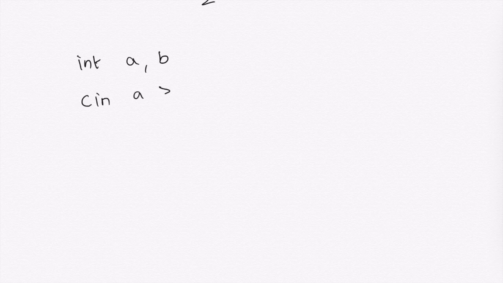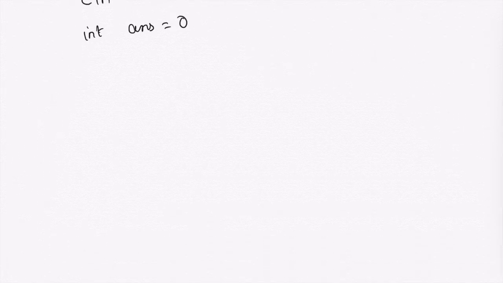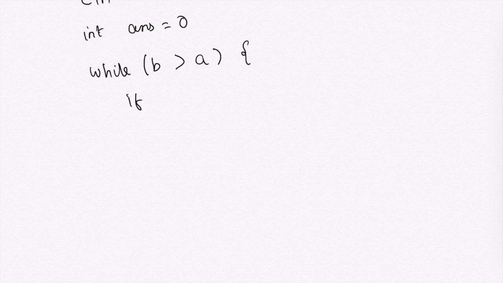Cin a, b. I declare a variable, int answer equals 0, and now while B is greater than A: if B percent 2 is not equal to 0, we simply increase B by 1.